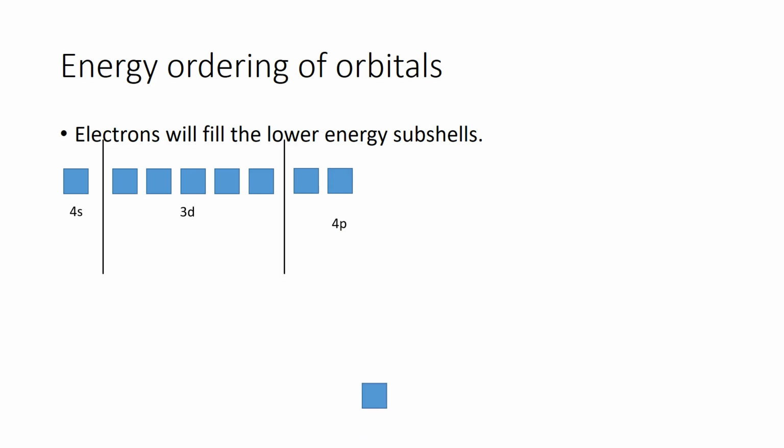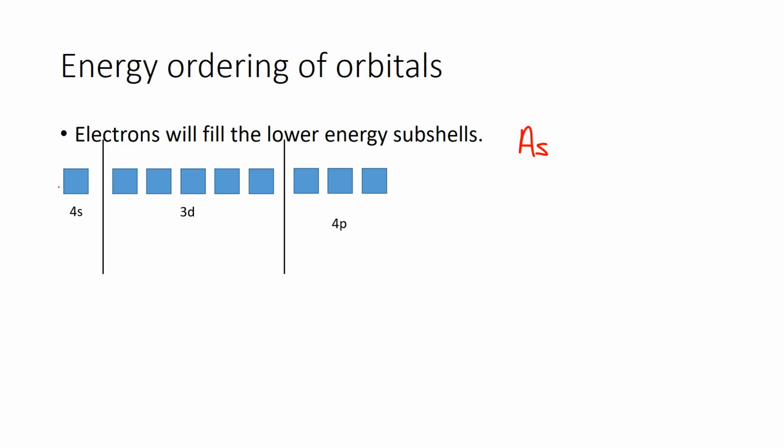In 4p, I have 3. So if I'm filling this in order, and let's just say that I am looking at arsenic, As. Where is arsenic on the periodic table as to S, D, P, or F? It's in the P. So I know that I'm going to end somewhere here.